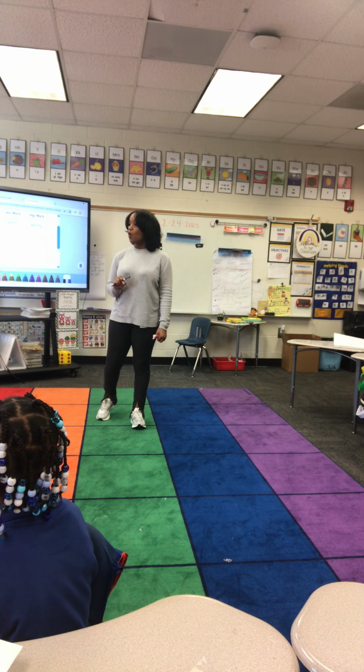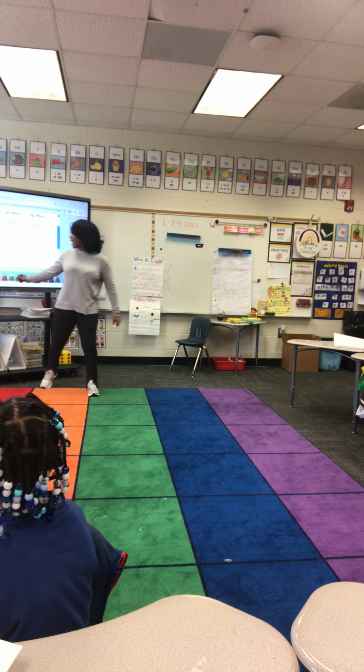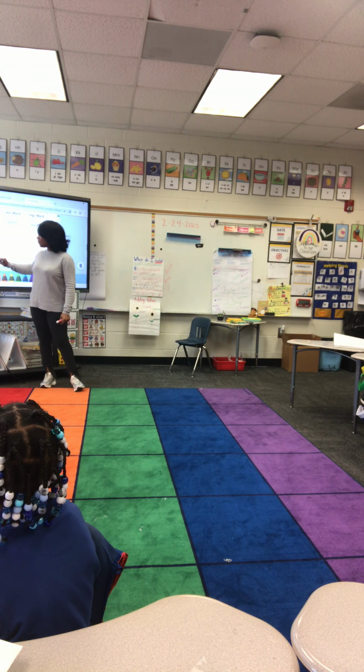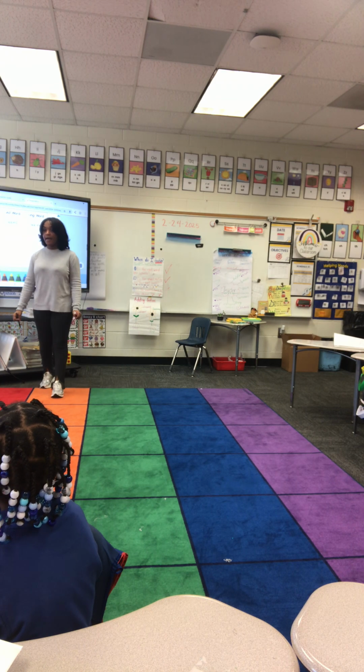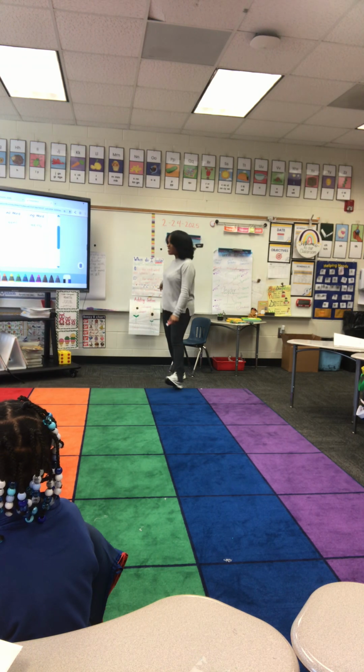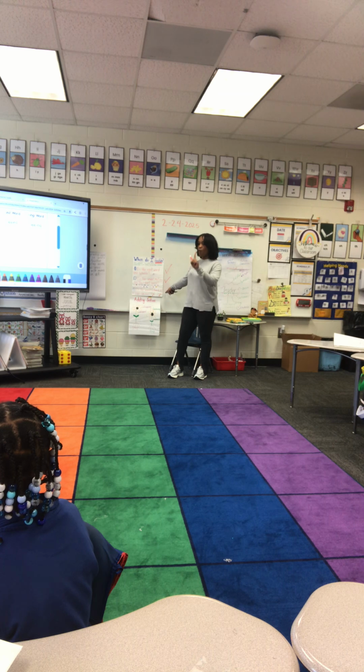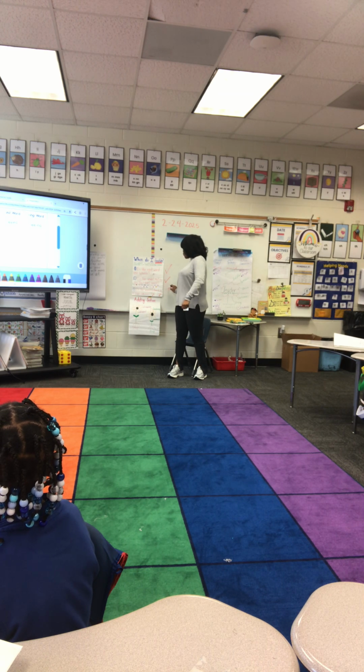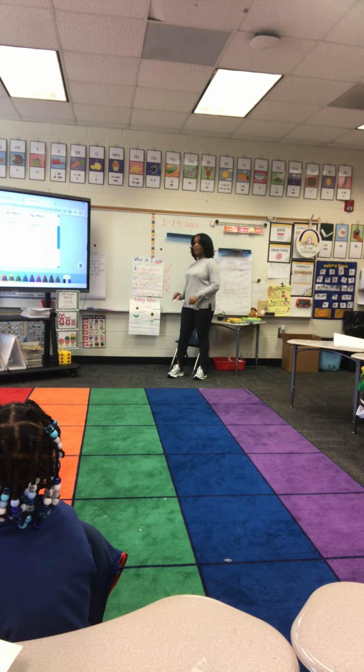Two. What are the two consonants that come after the vowel? M-P. Does everybody see that? Yes. So, can we answer yes to this one? Is it one consonant? No. So, we have to put an X here.